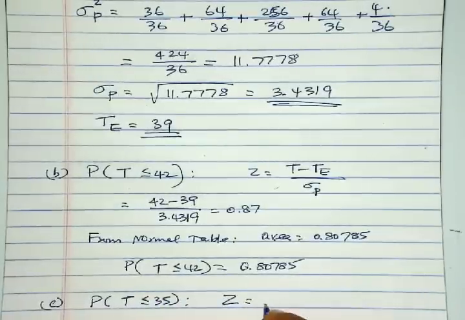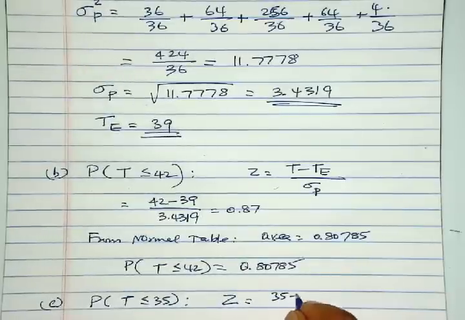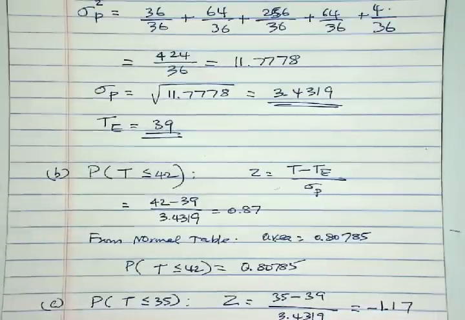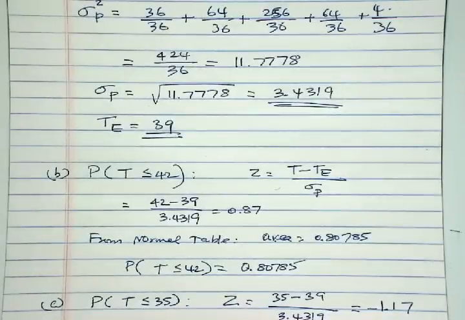So now the Z is 35 minus 39 over 3.4319, and that Z is negative 1.17. Now we have to drop the negative sign, so Z equal to 1.17 from the normal table.